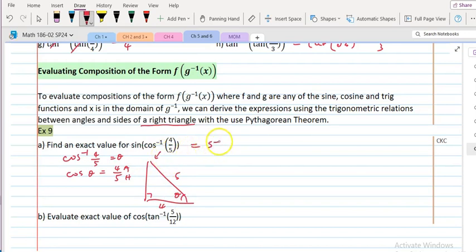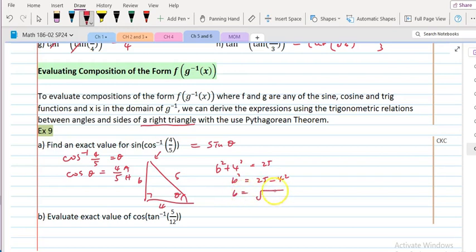Now, because I let this be theta, I'm now going to do sine theta. To do sine theta, that's SOH, O over H. I have H, but I don't have O, so I need to solve for B. B squared plus 4 squared equals 25. So B squared is equal to 25 minus 4 squared.